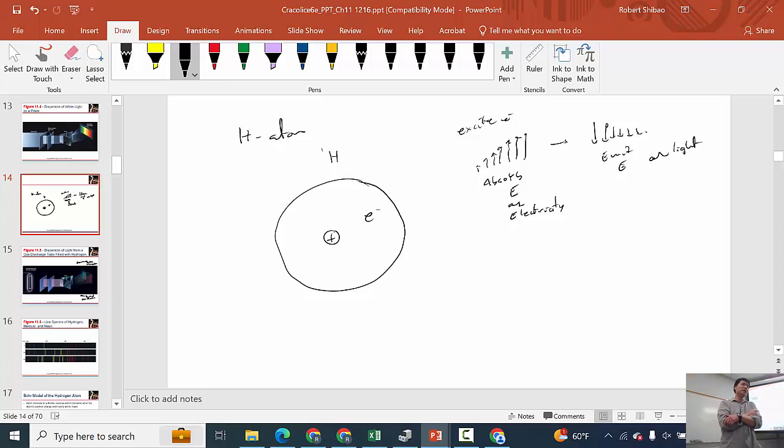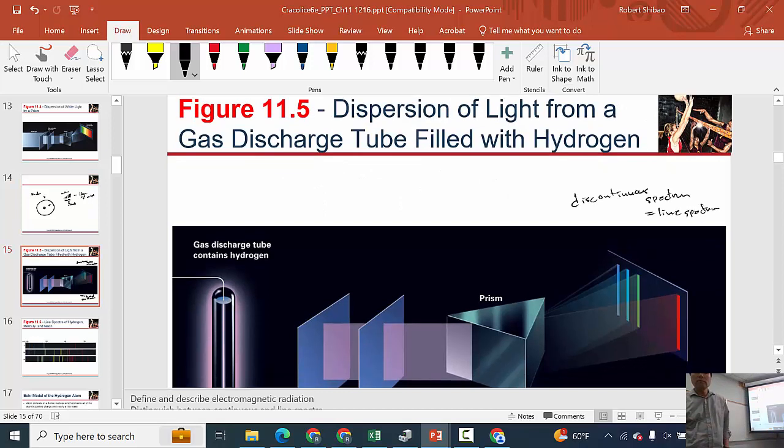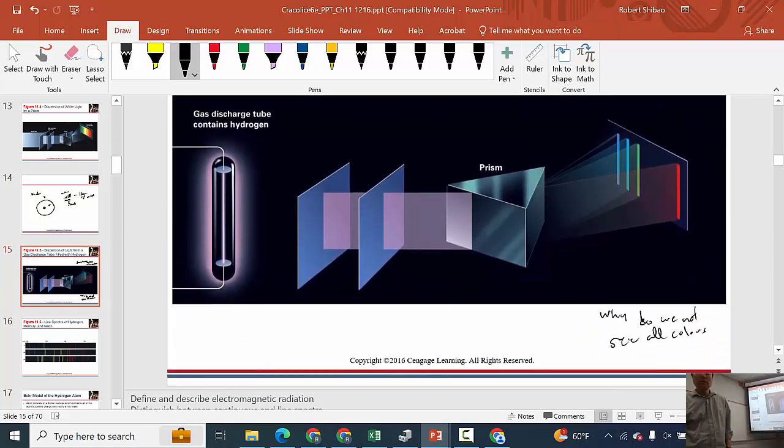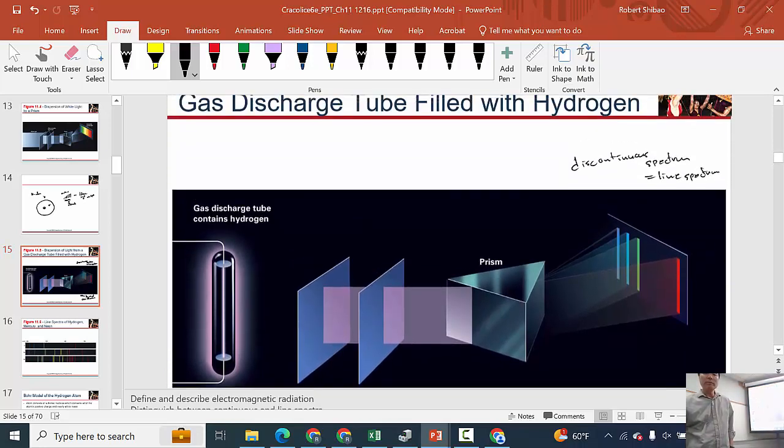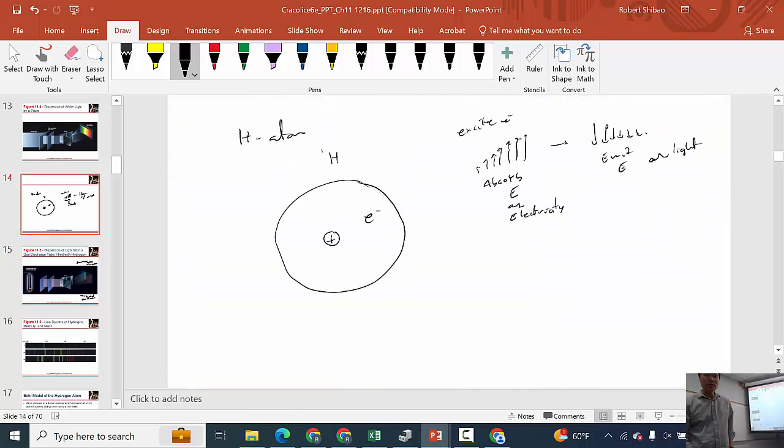There are forbidden speeds and allowed speeds. And so, in other words, here, there are forbidden energies and allowed energies. This is a continuous spectrum.